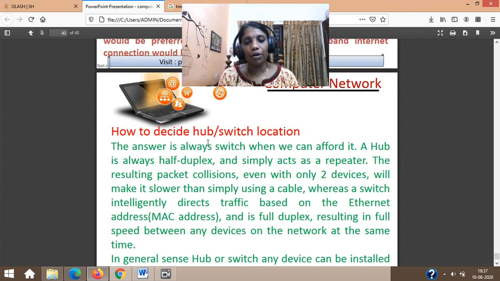Then you can simply talk about the hub and say that a repeater can be placed to amplify the signals, etc. So if the question comes hub or switch, criteria has to be there. Hub when data transfer is not to be filtered, or expense is a constraint. Switch when you can afford it, when you are able to spend more, and when you want to filter the data. Depending upon these areas, you can choose.